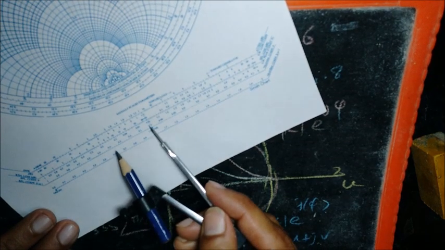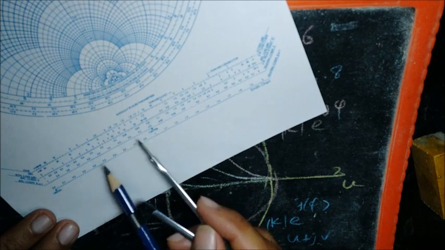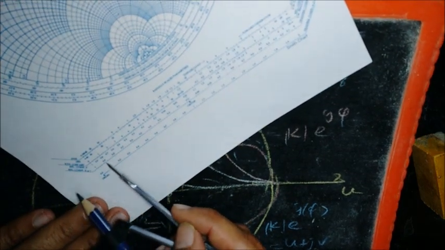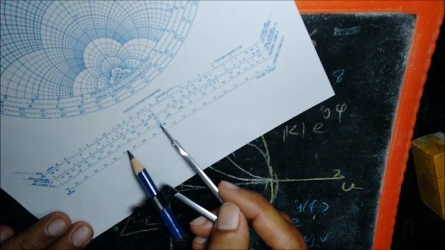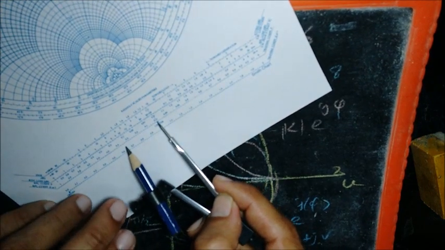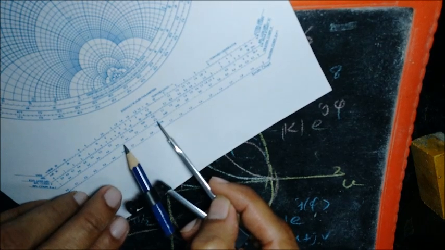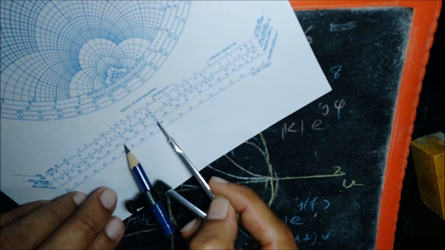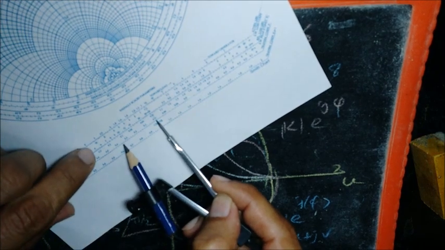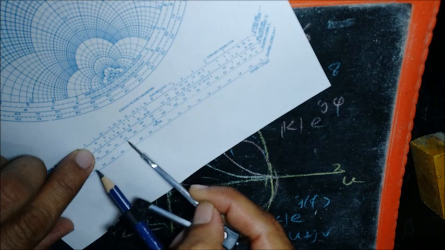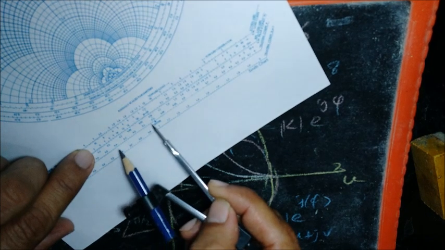You can see the 0 here, 0.1, 0.2, 0.3. Reflection coefficient E or I on that scale center, and you can see that it is showing almost 0.34 or something like that. Now I will go back to 0.